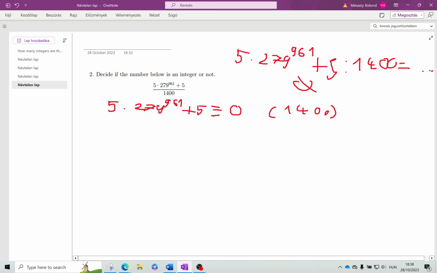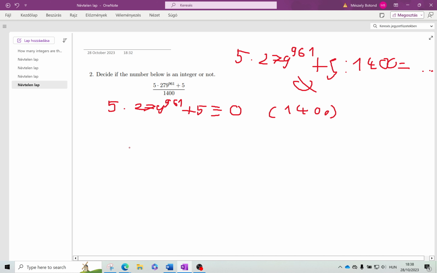And as you can see, when there is a very big number, something to the power of a quite big number, that's usually Euler-Fermat most of the time. But you need to check whether or not you can use Euler-Fermat.